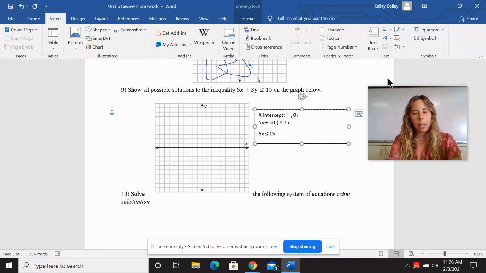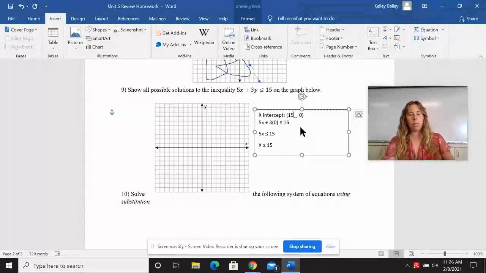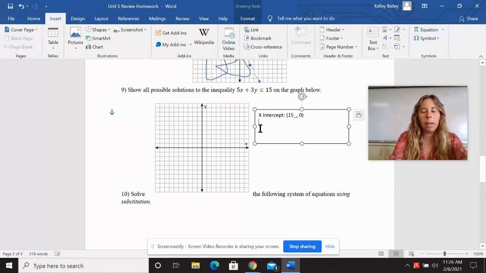You're solving for x, so now we're going to divide by 5. X is less than or equal to 3. Okay. So my x-intercept is going to be 3, 0. Oh, that's kind of annoying. Okay, 3, 0. Well, I'll wait to graph that until I find my y.